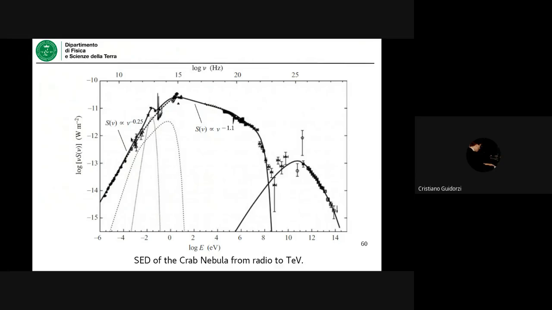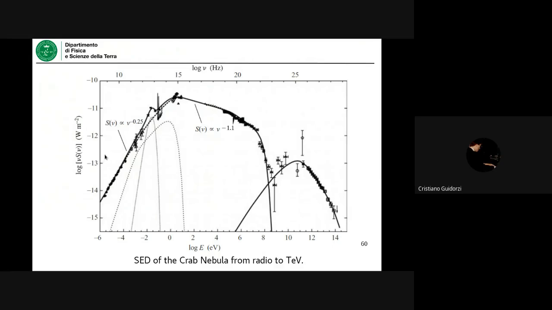By the way, mind that what you see shown here is not intensity. Here S is not the source function. S is just the flux density. But if you pay attention, what you see plotted on the y-axis is not the flux density S, but nu times flux density. This is usually adopted as a way of showing the spectra of sources in astrophysics.